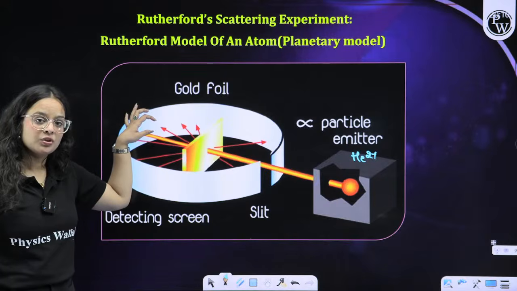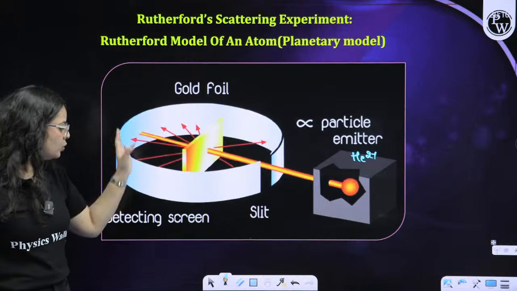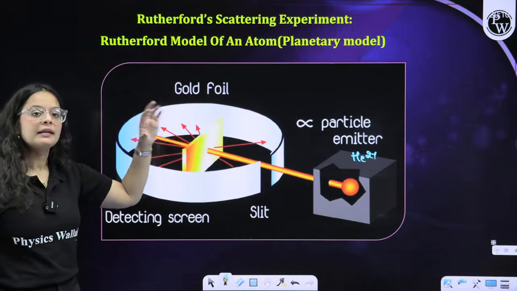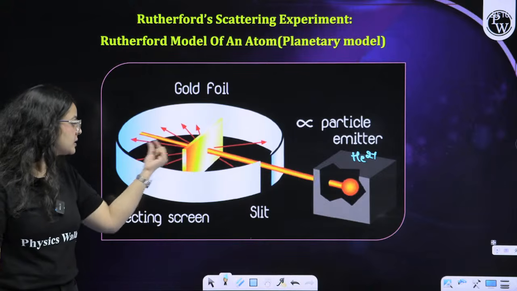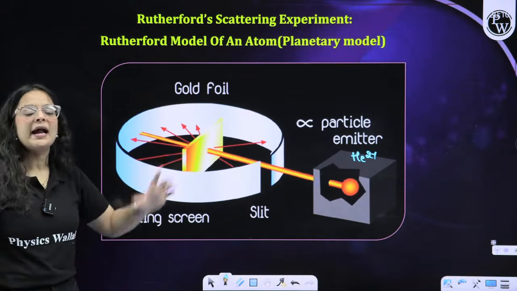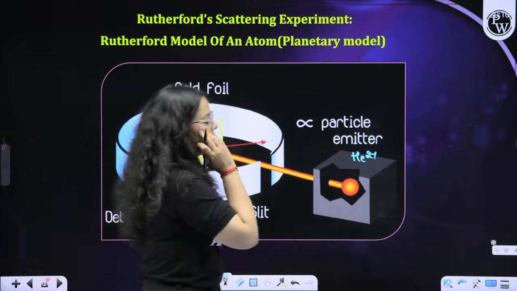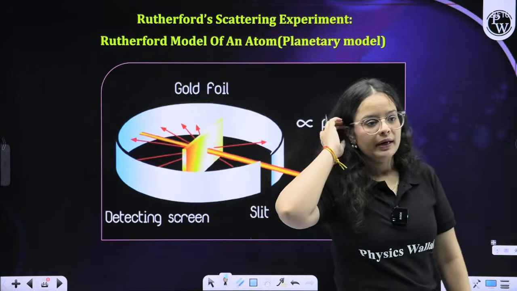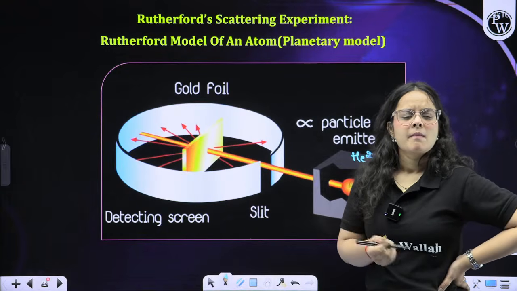Here we have this detecting screen that gives the information about the rays striking the screen, at which angle. This is the detector portion, because the rays are not at all visible.